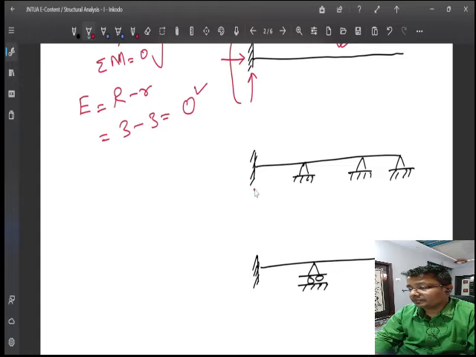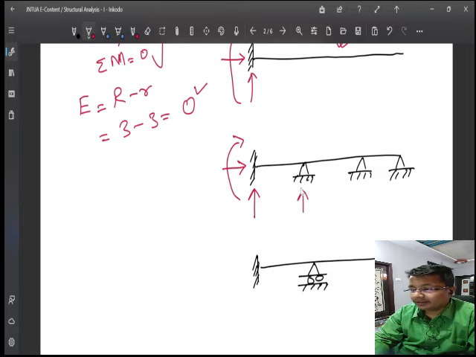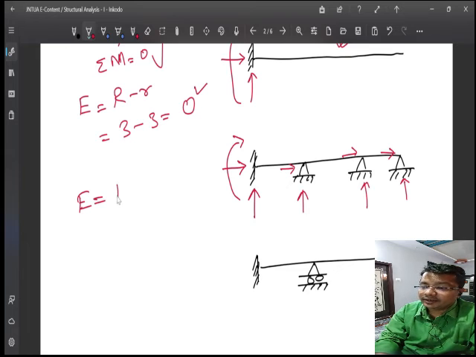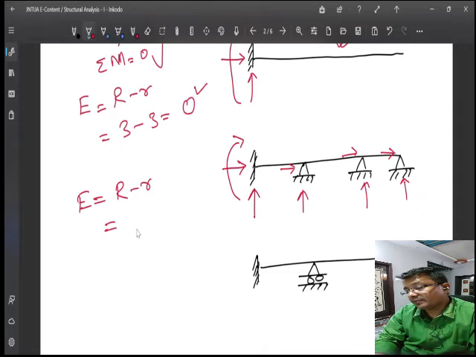In this continuous beam, due to the fixed support there will be 2 reactions, plus 1, 3. Now here I will have one more vertical, one horizontal, one vertical, one horizontal, one vertical, one horizontal. So I can say my E, that is the degree of external indeterminacy, equals R minus r. Number of capital R is the number of unknown forces.